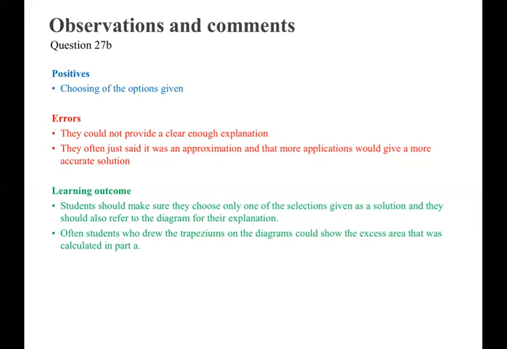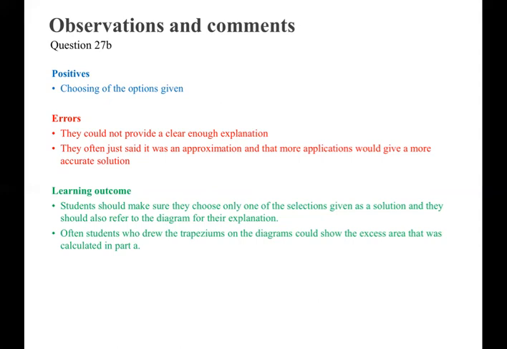So we really need to make sure our kids are, one, reading that question and choosing one of those selections, because sometimes kids just didn't choose a selection at all or used both of them, so they weren't clear. There were three clear choices. And also making sure it did say with reference to their diagram, to refer to their diagram.